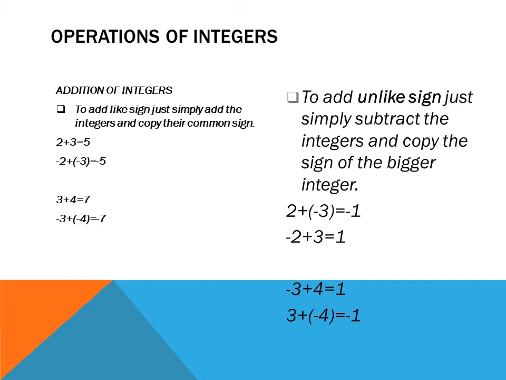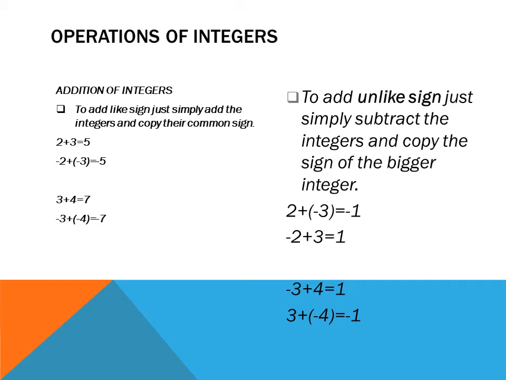For example, 2 plus negative 3. So subtract 3 minus 2, then copy the sign of the bigger. Since the sign of the bigger is negative, the answer is negative 1. Another example, if we have negative 2 plus 3, the bigger number is 3, then the sign is positive. So 3 minus 2 is equal to 1. So the answer is positive 1.